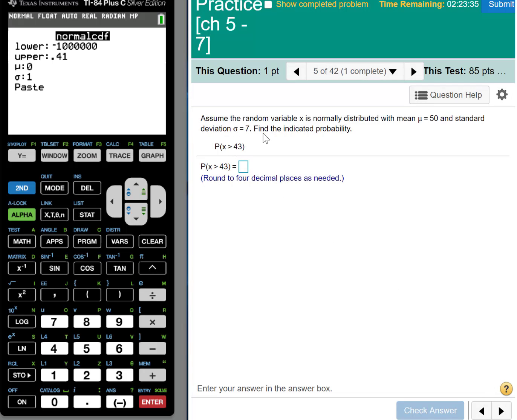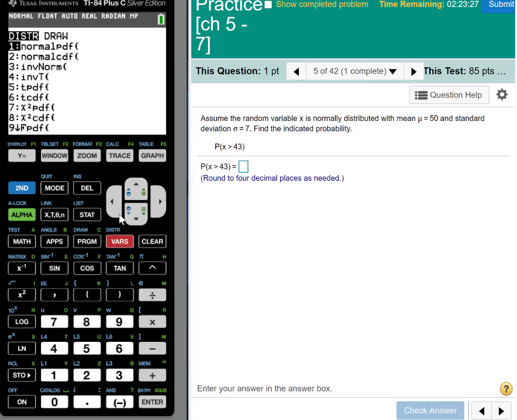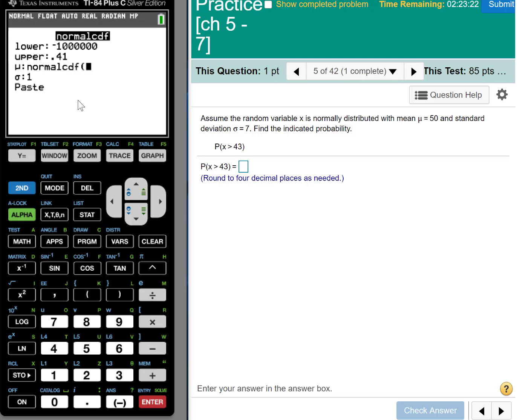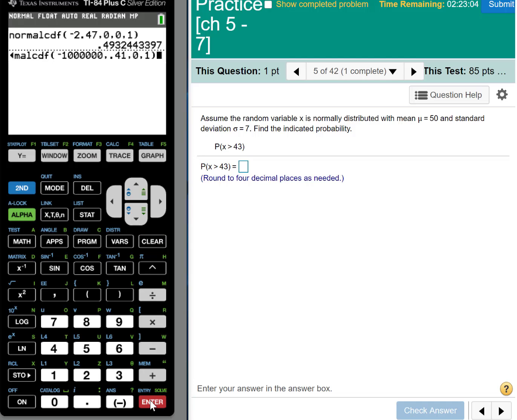Probability of X greater than 43. Now we want the area to the right of 43. So you can do the same thing. Second and distribute. Okay, normal CDF. I have to go up. Oops. Let me clear this. You have to put a number in order to allow you to clear it.